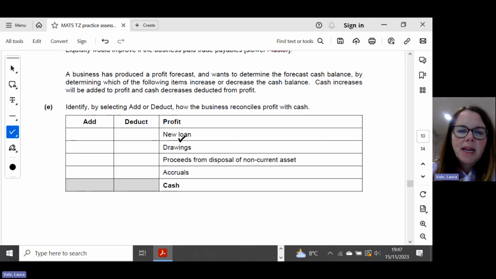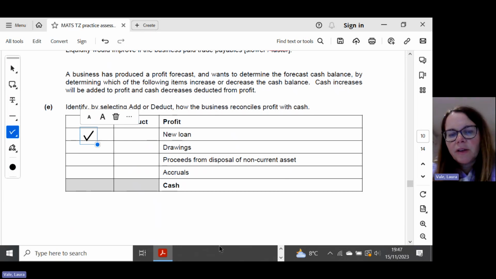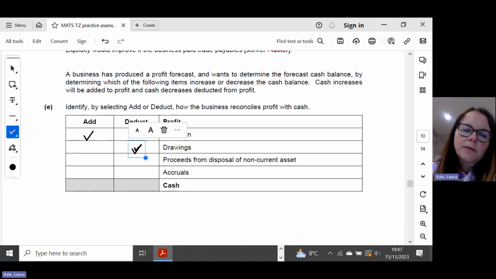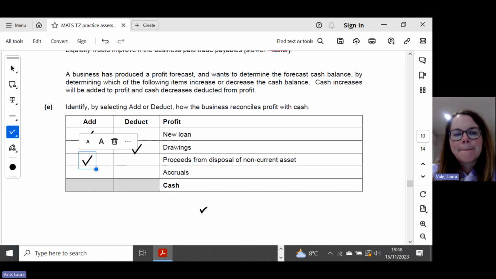Well, a new loan will mean that you've got more money over and above your profit, so add. Drawings, when the owner takes money for their own use, will reduce your cash, so that would have to be subtracted. Proceeds from disposal of a non-current asset, that would increase, so therefore be added.